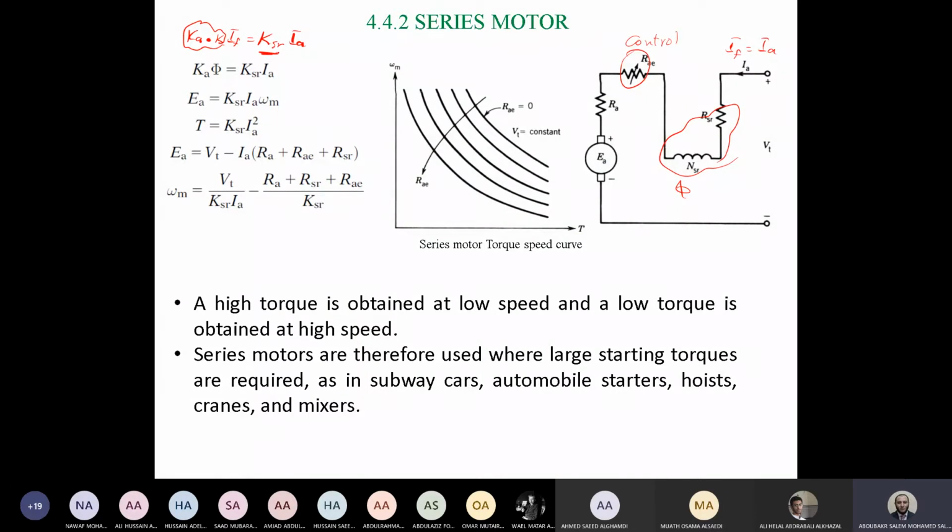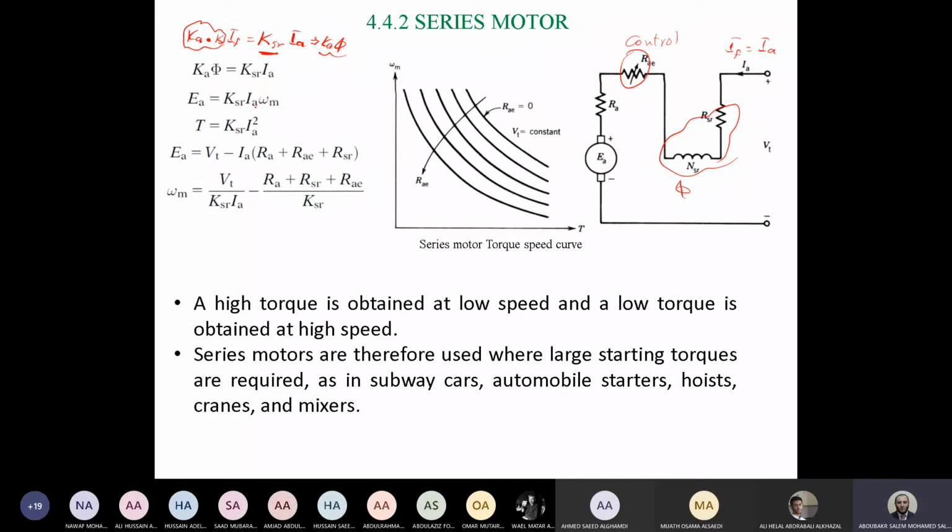Now, in all of our relations, we should replace Ka phi, from the omega relation, from the EMF relation, from the torque relation. We should replace Ka phi by K series IA. Let's start from EA. You know, EA equals Ka phi multiplied by omega.